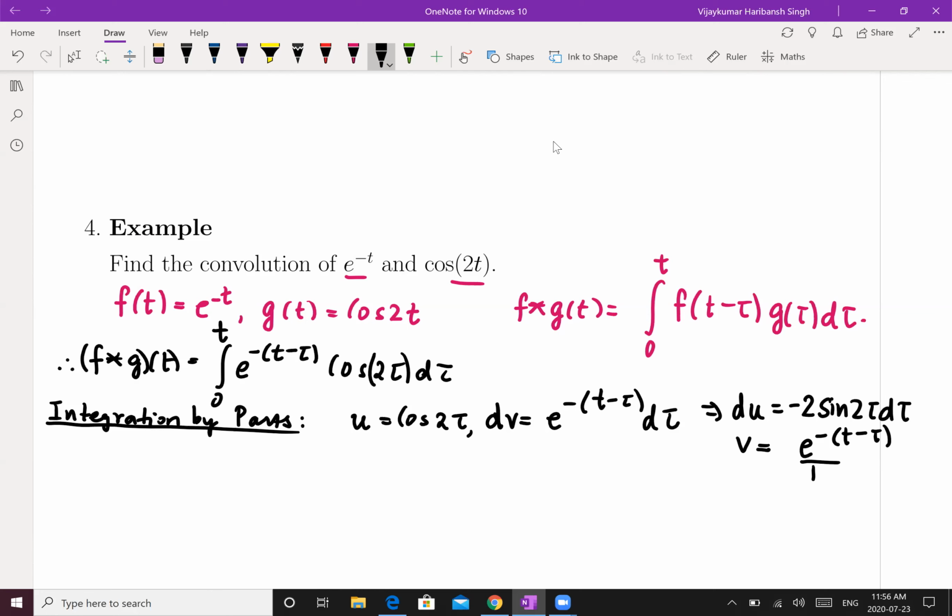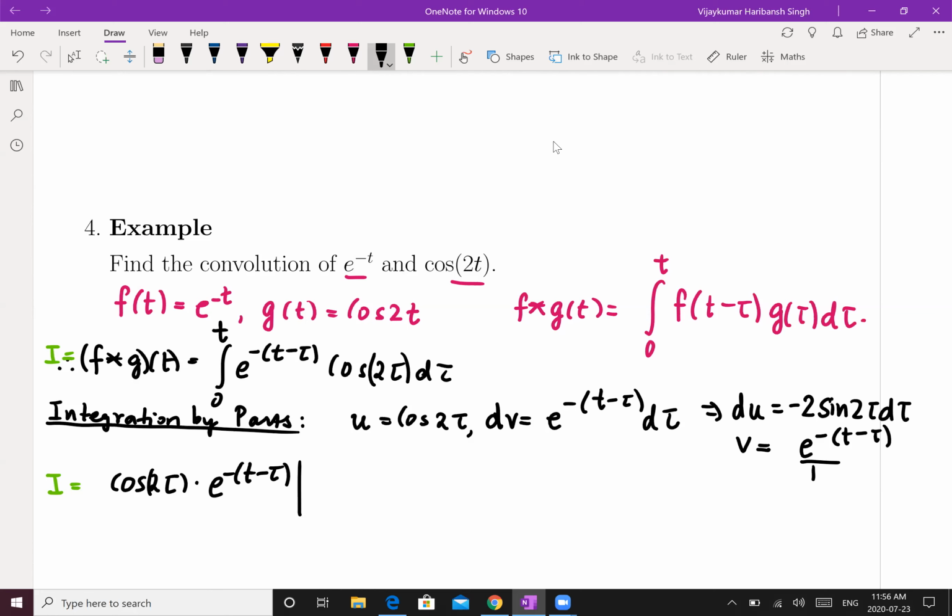So therefore, let's call this integral I. So my I is equal to uv minus the integral of v du. So uv is cos of 2 tau times e to the power minus t minus tau.